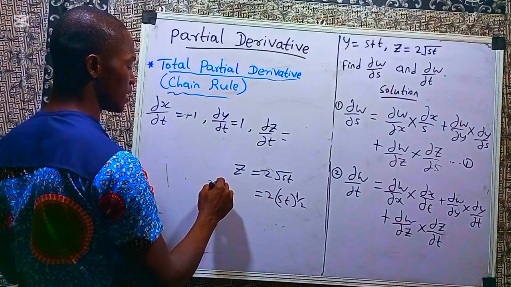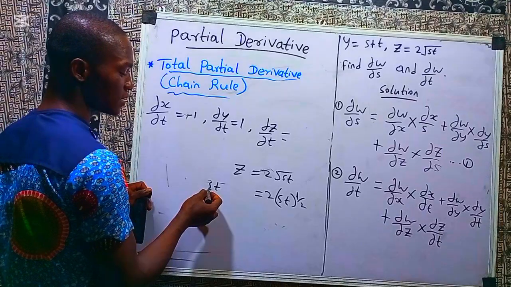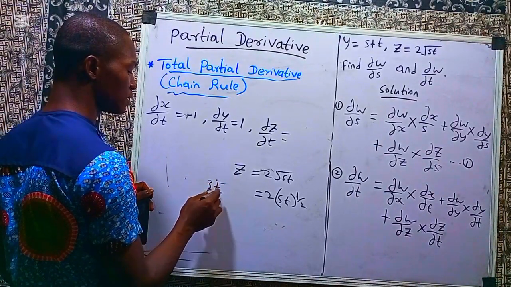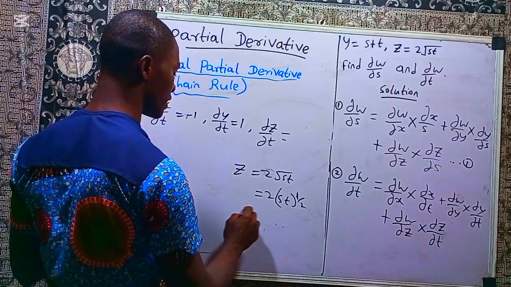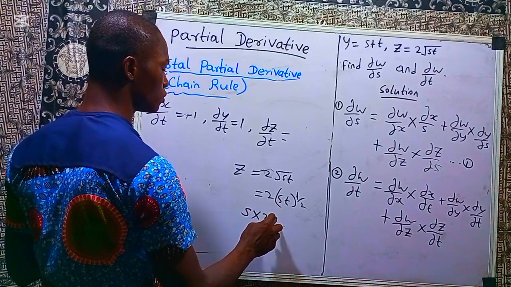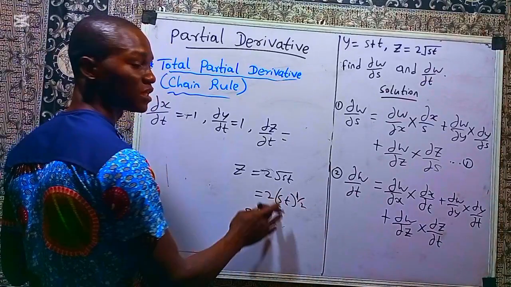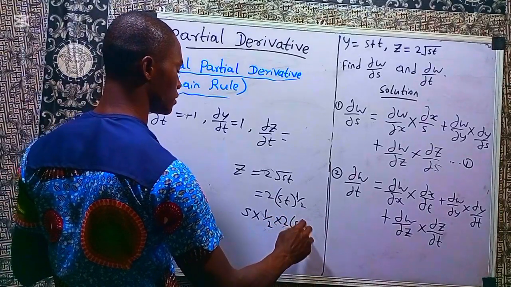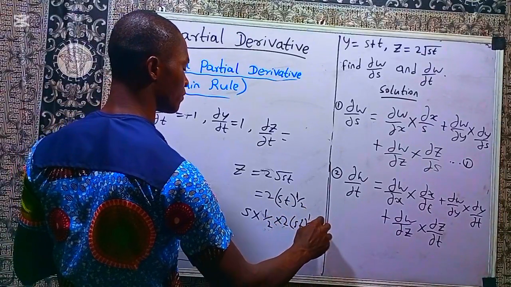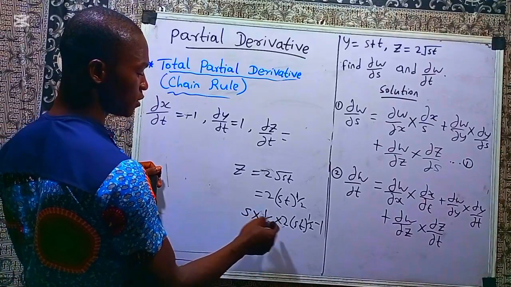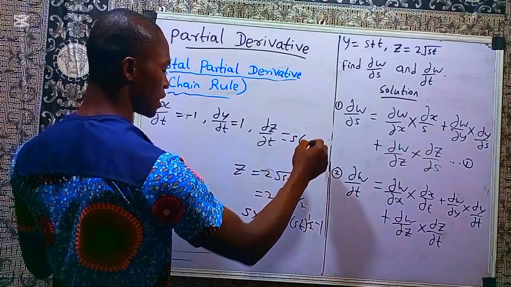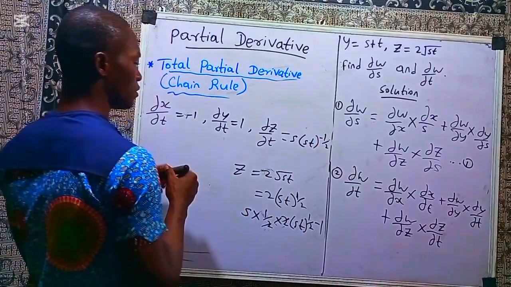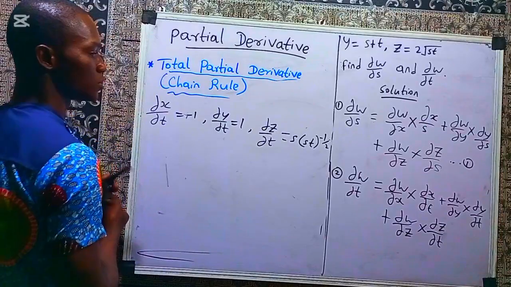What is inside is st. You are treating s as a constant, differentiating with respect to t, so you have your s left. You have 2 times half times (st), and you remove 1 from the index, half minus 1. The 2 will cancel 2. You have s (st) raised to the power half minus 1, which is negative half. So what do you do? You substitute.